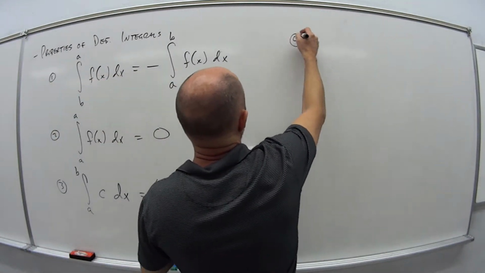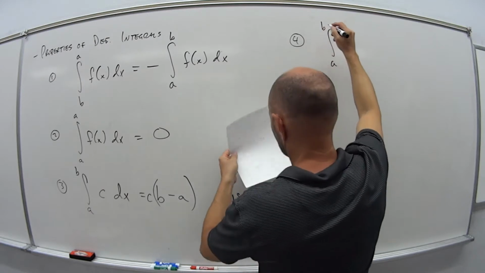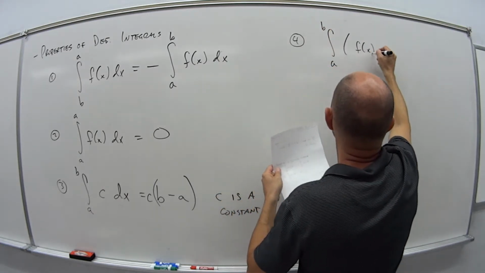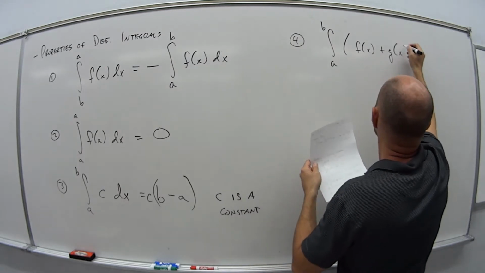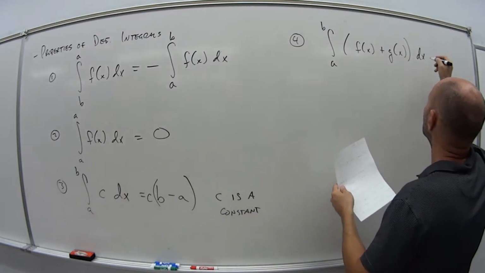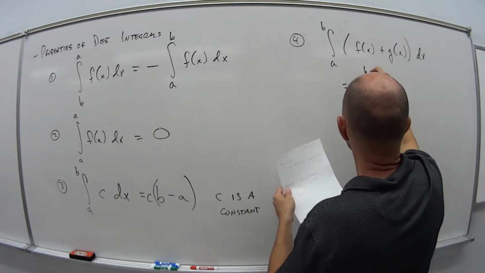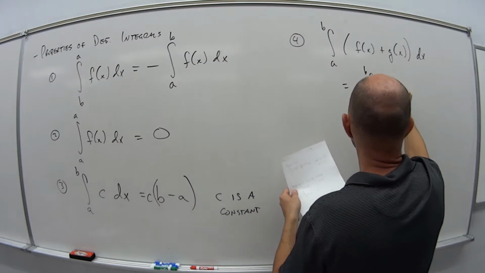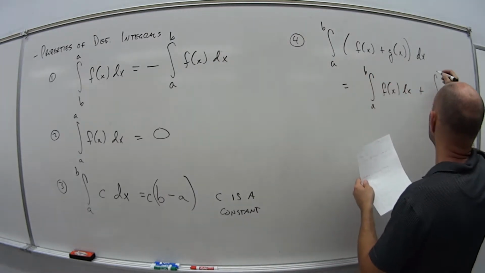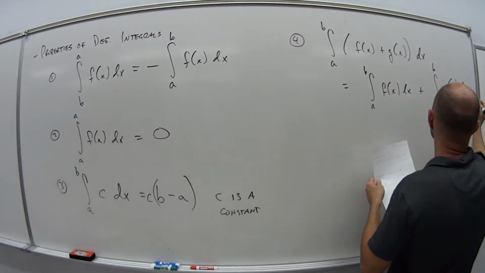Number 4, the integral from a to b of f of x plus g of x dx is just equal to the integral from a to b of f of x dx plus the integral from a to b of g of x dx.